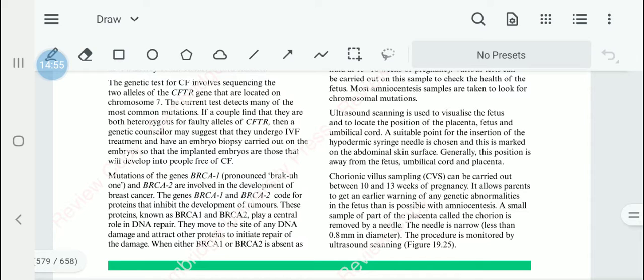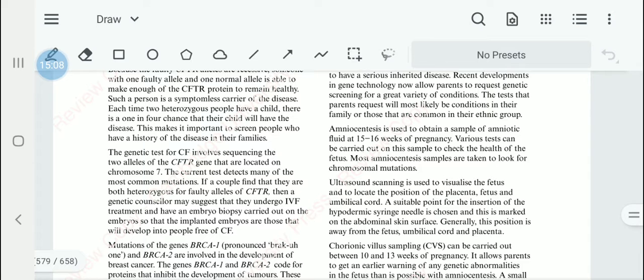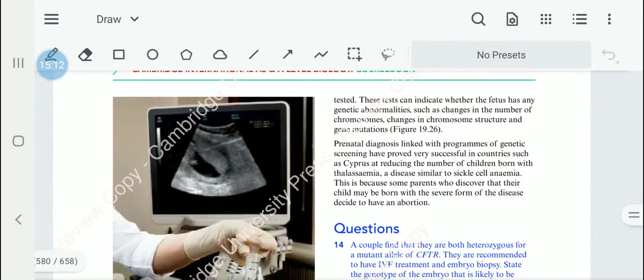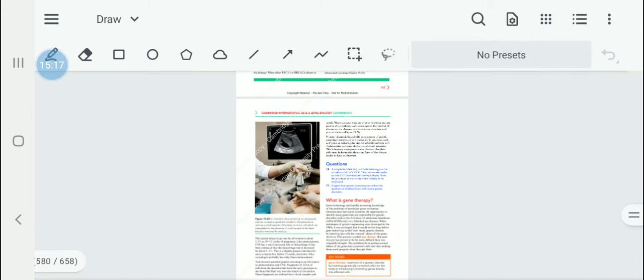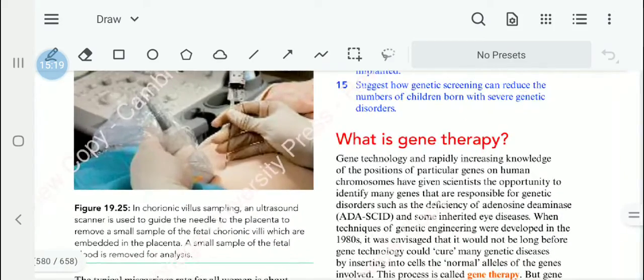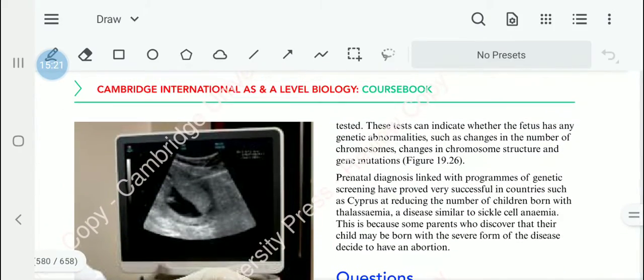This does not have a risk of harming the fetus, because when you carry out amniocentesis, there is a risk of the fetus dying.